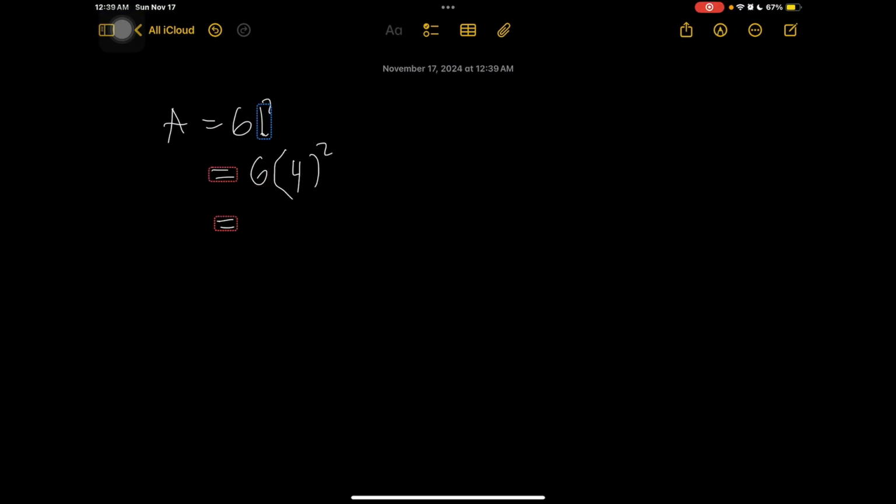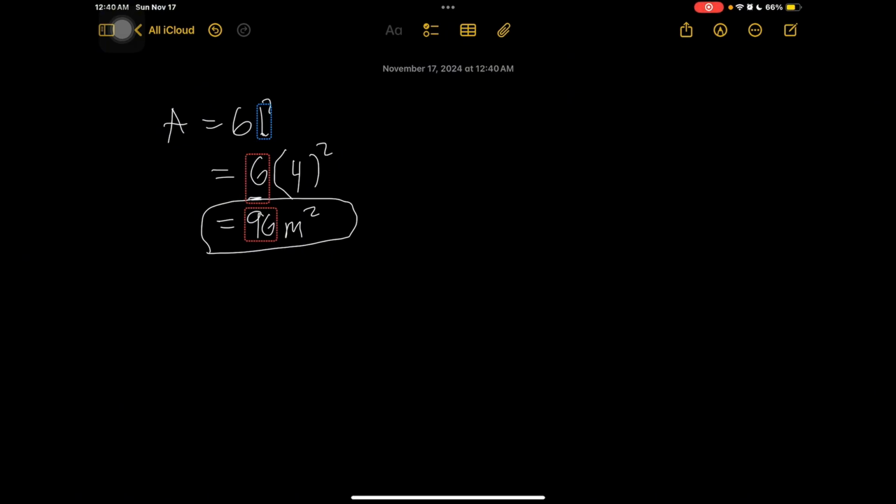So 4 multiplied by 4 is 16. And 16 multiplied by 6 is 96. So 96 meter square. So this is our surface area of the cube.